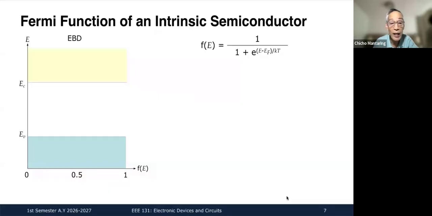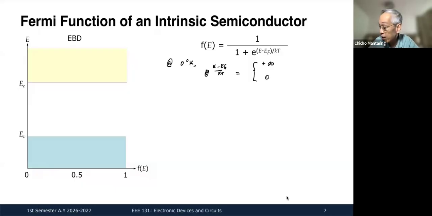I want to take a look at what this will look like at 0 degrees Kelvin. At 0 degrees Kelvin, e raised to the (E minus EF) over kT will be either plus infinity or 0.